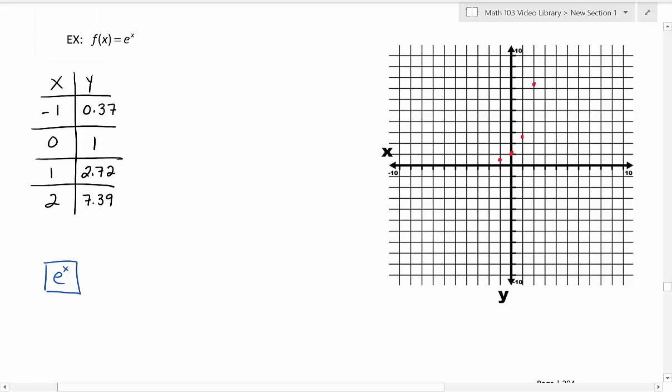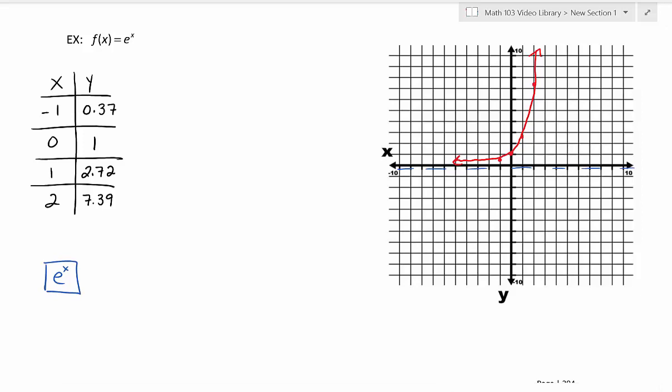We know that there's a horizontal asymptote on the x-axis. And we also know that one end of our graph is going to have to tend towards that horizontal asymptote, and it's going to be the end that's already really close to the horizontal asymptote. Here's the graph of f of x equals e to the x.